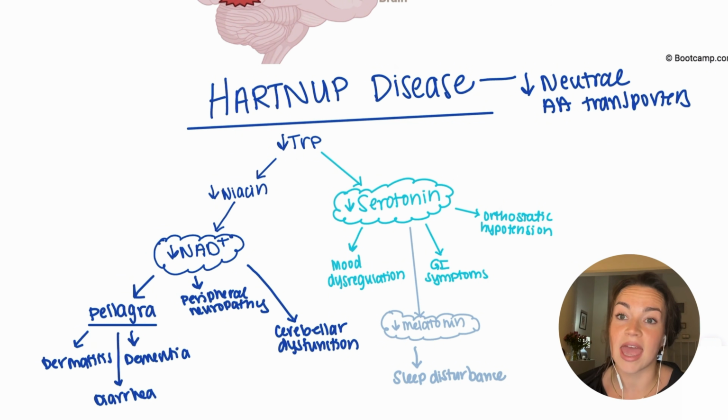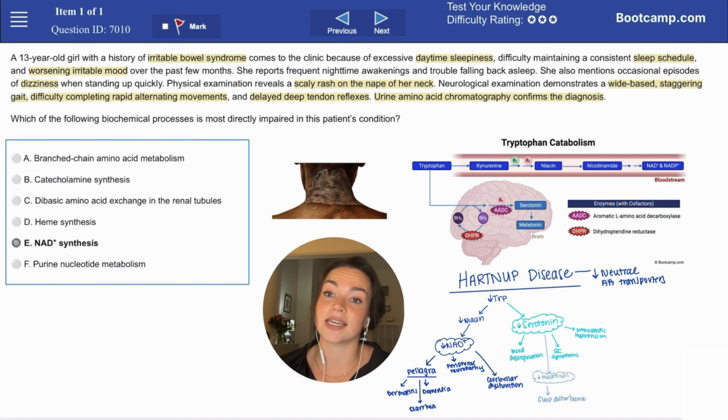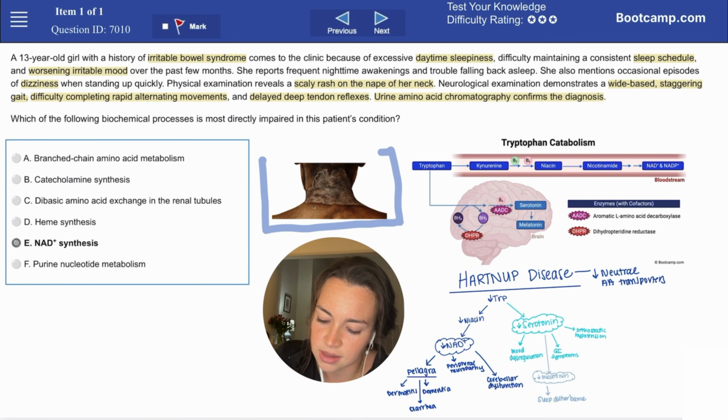When we're deficient in NAD+, we end up first and foremost with this clinical syndrome called pellagra. Pellagra is characterized by the 3 Ds: diarrhea, dermatitis, and dementia. We get the dermatitis in pellagra because NAD+ is crucial in DNA repair. And so its deficiency can lead to inflammation and hypersensitivity, especially in sun-exposed areas.